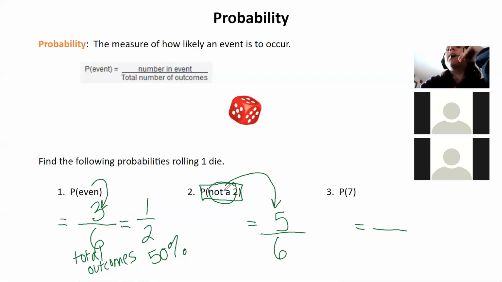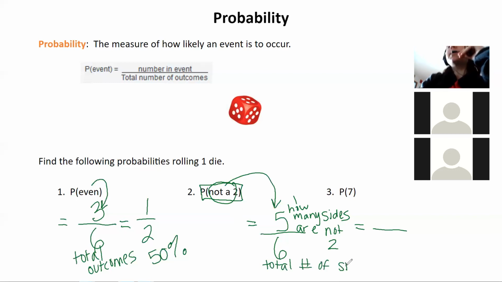So the numerator is how many sides of the dice are not 2. The parentheses tell you what it is. And the denominator is the total number of sides of this dice.